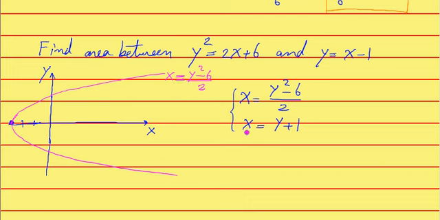The other one is x is equal to y plus 1. When y is 0, x is 1. And when x is 0, y is minus 1. So this is x is equal to y plus 1.